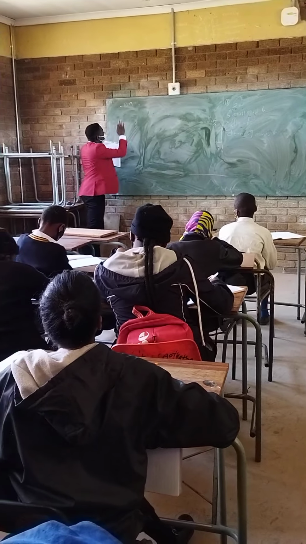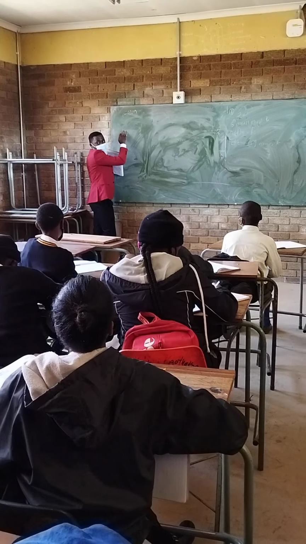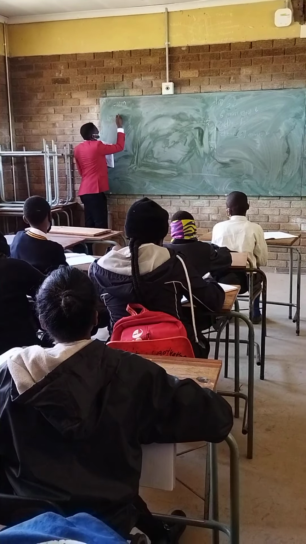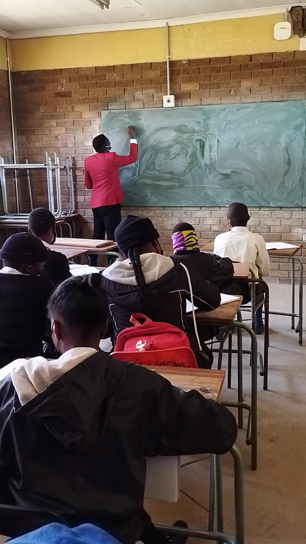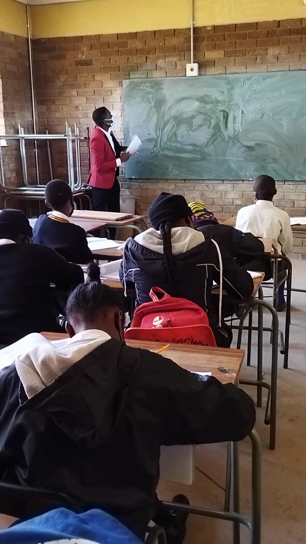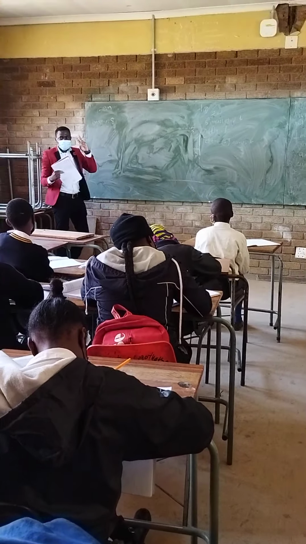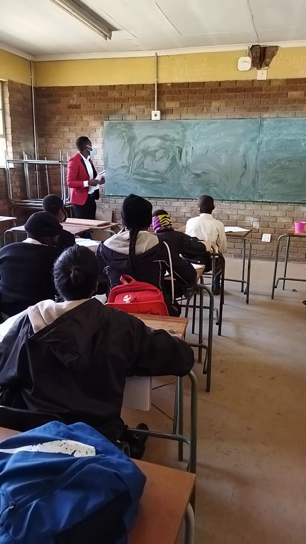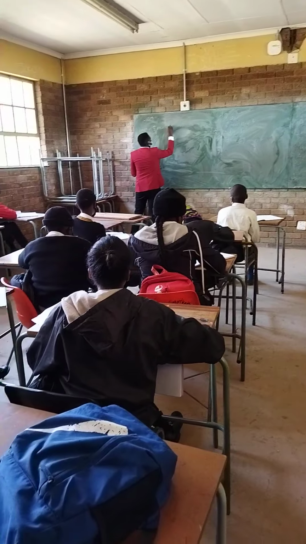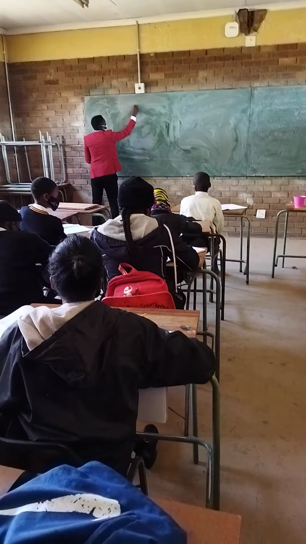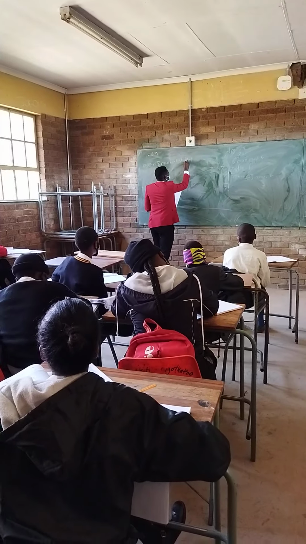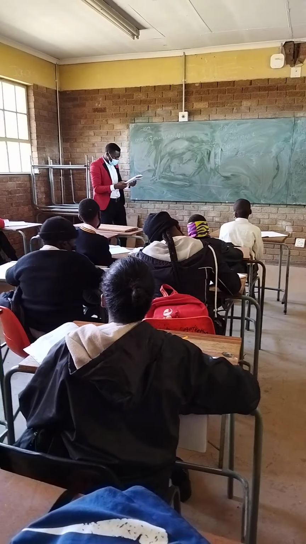Now we've got minus, which is negative 8. Here we say that if we see a number and a letter adjoined, it means multiplication. It means negative 8 multiplied by m. You understand?